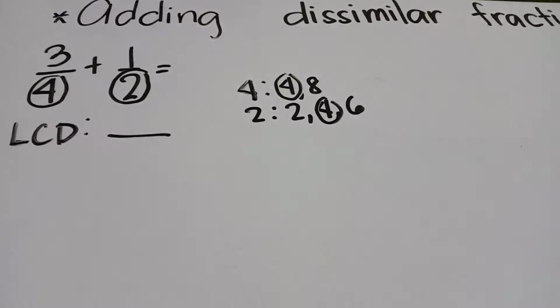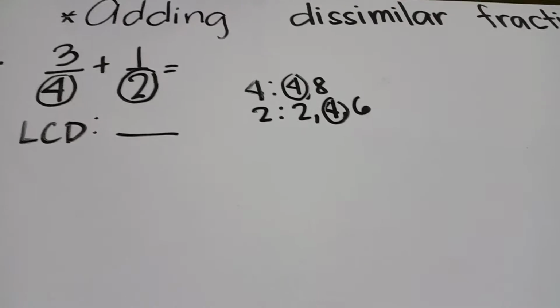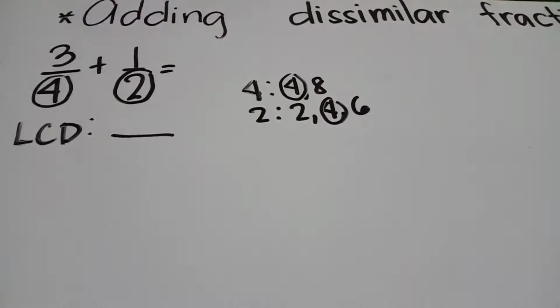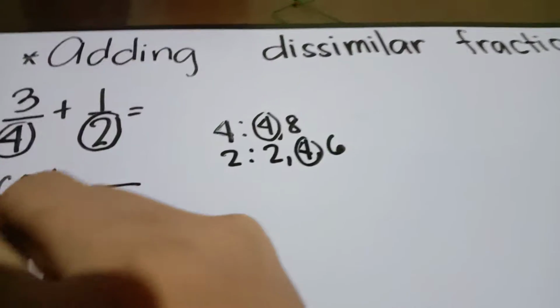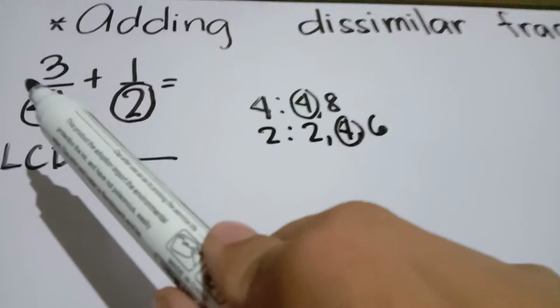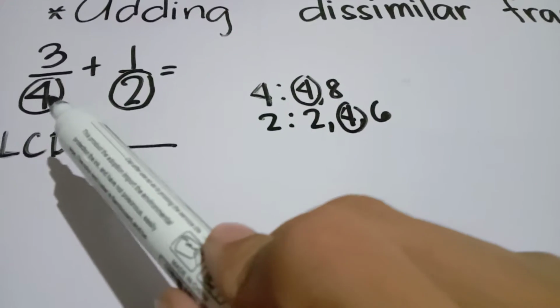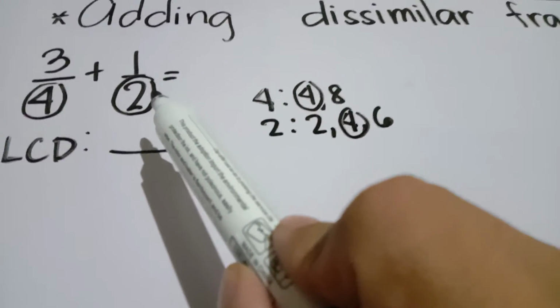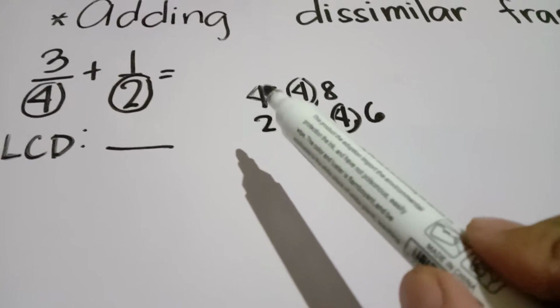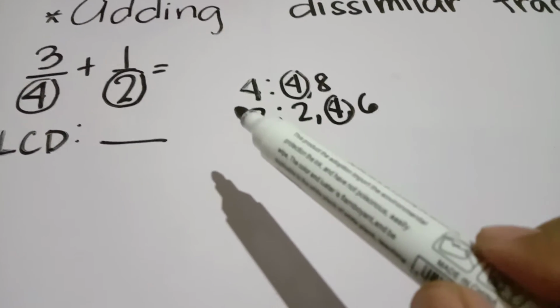Okay. So, papaano hahanapin si LCD or least common denominator? Napakadali lang po. Balikan natin yung denominators. So, based on the given, the denominators are 4 and 2. So, yun yung gagamitin natin na mga numbers in finding the LCD.